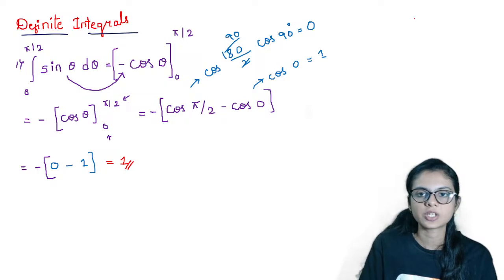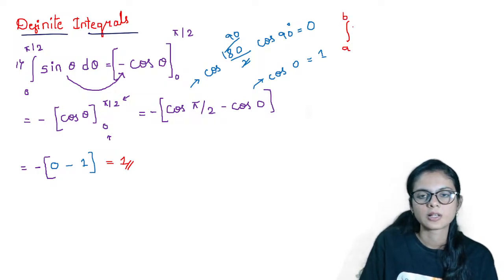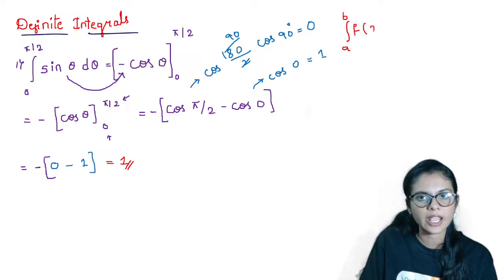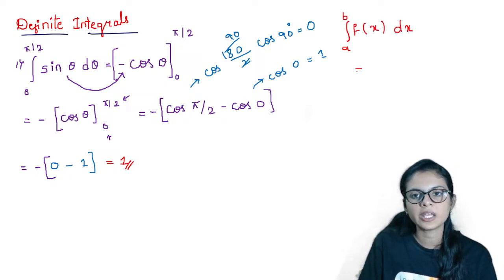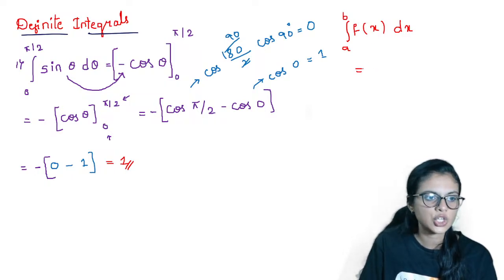Where you have limits a and b, let me write the formula to solve it. Integration of a to b f of x, any function, into dx will be equal to: you will integrate the function.